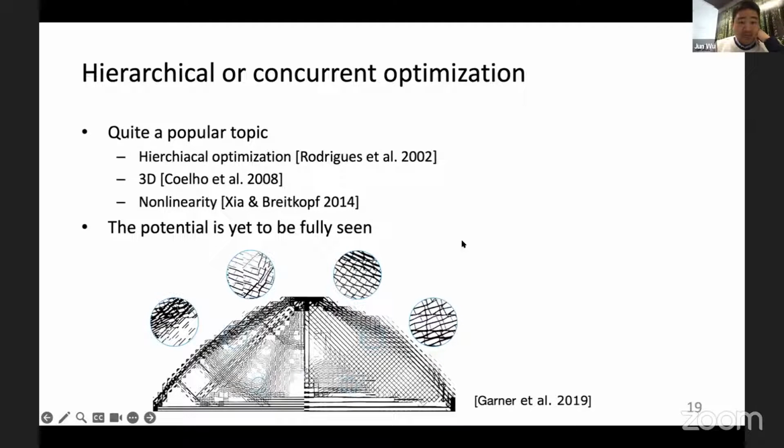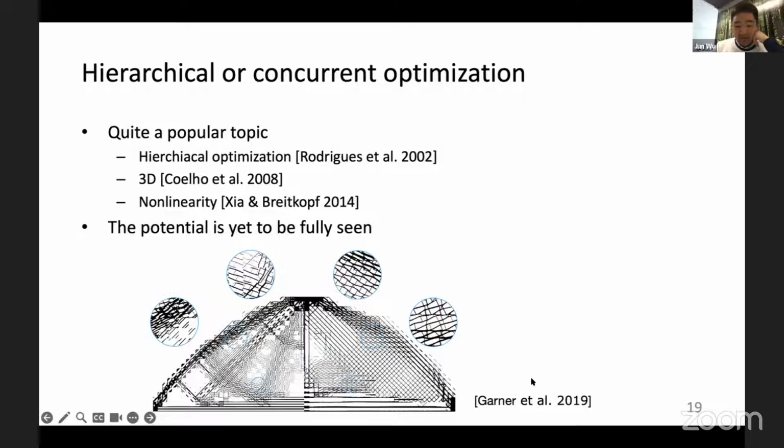Another popular approach is hierarchical or concurrent optimization, first published by Rodriguez in 2002, and there are many follow-up works. We have also worked on this topic in the past. From the results shown here, you see we do get a lot of microstructures, but they are not very well connected.